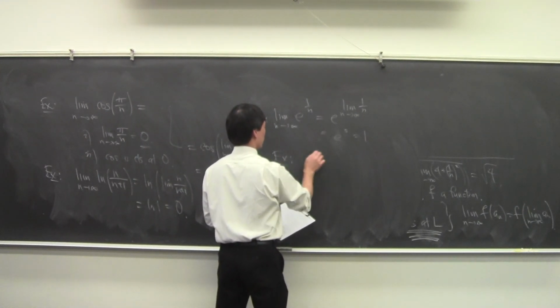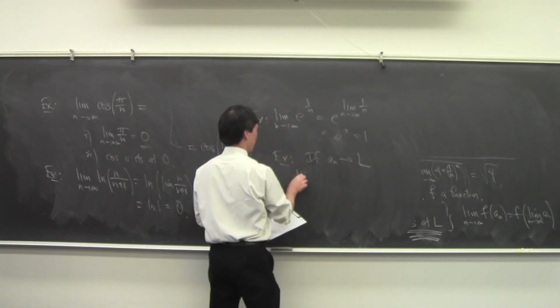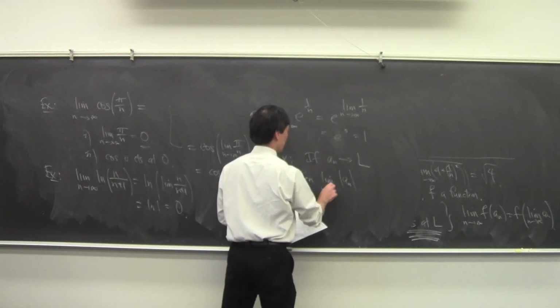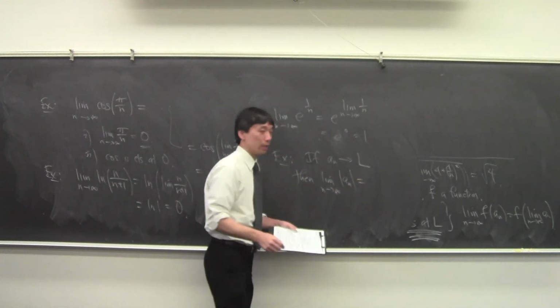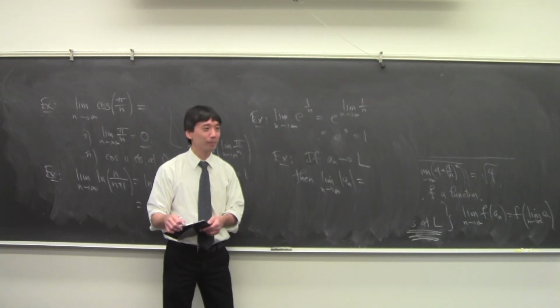If a sub n converges to L, then the limit of the absolute value of the a sub n's is going to be what? Elizabeth?